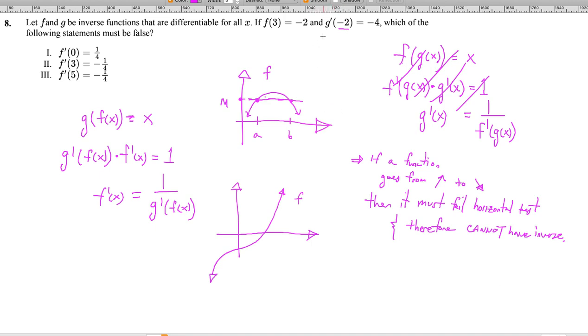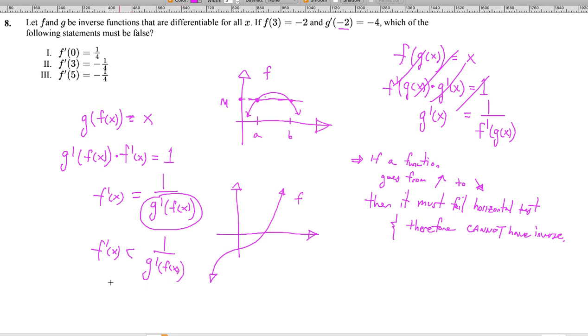Why is it always decreasing? Because g has an inverse. So since g is always decreasing, that means that this value right here is always negative, which means that f prime of x is always negative.